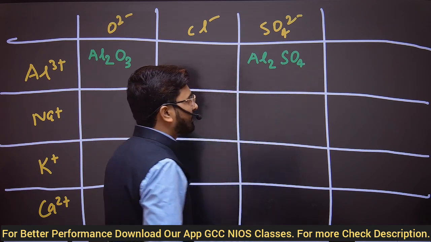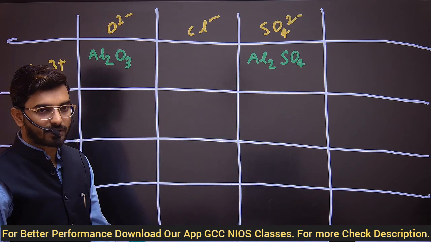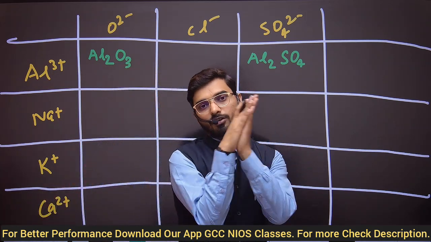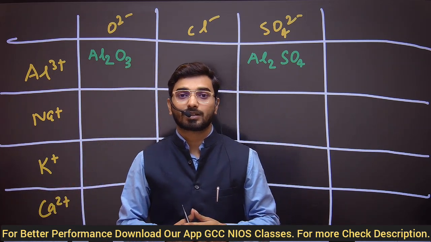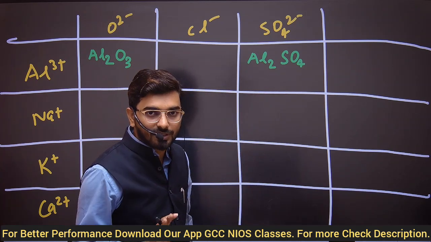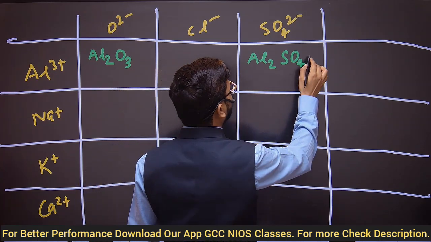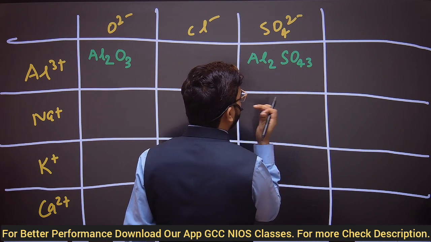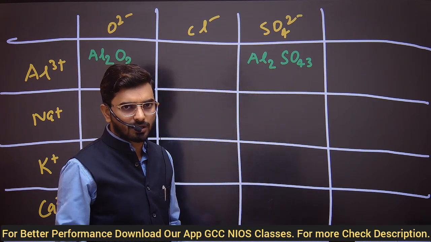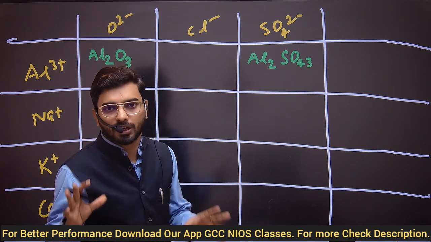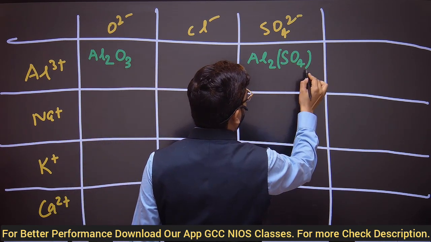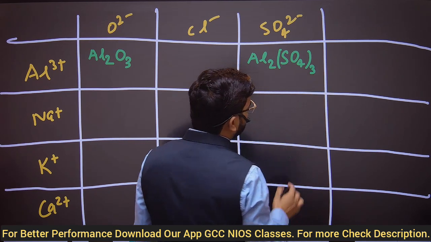But the problem is that sulfate is not a single element; it's combined, made of a single atom of sulfur and 4 atoms of oxygen. If we write 3 directly here, it seems like SO43, which doesn't make a right molecular formula. So we will enclose this in brackets, and then write 3.